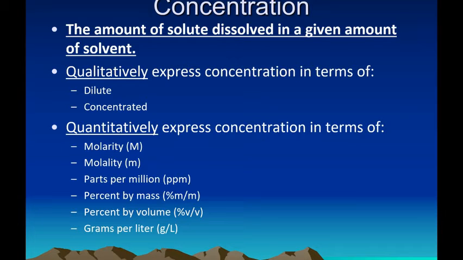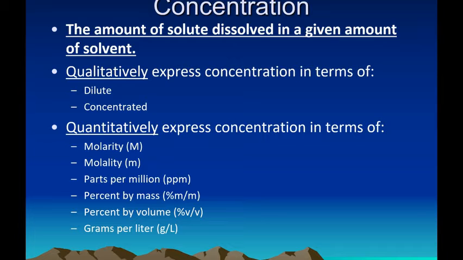That concentration is determined by the parts per million. So maybe parts per million of chloride in the water, or parts per million of fluoride in your water. Some water districts treat water with fluoride for your teeth.